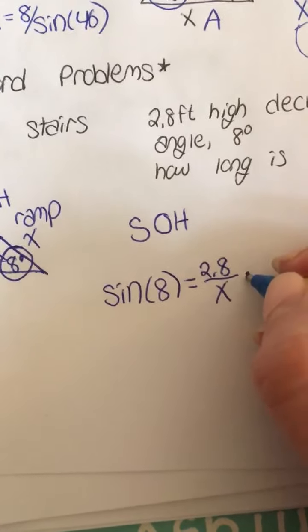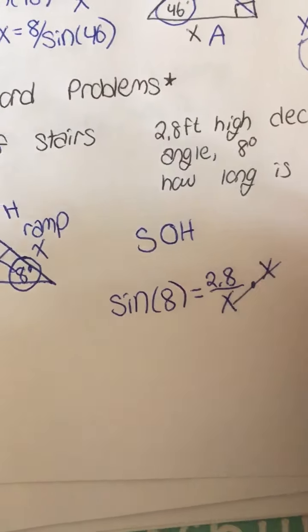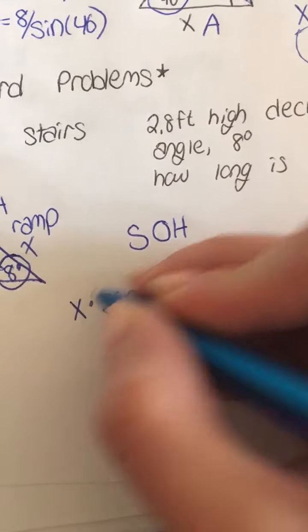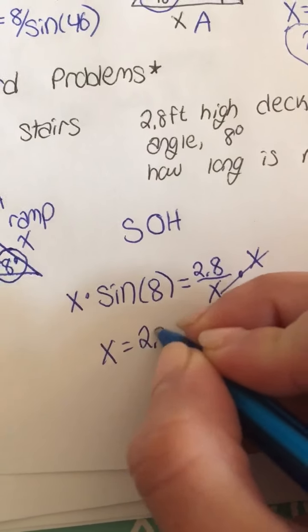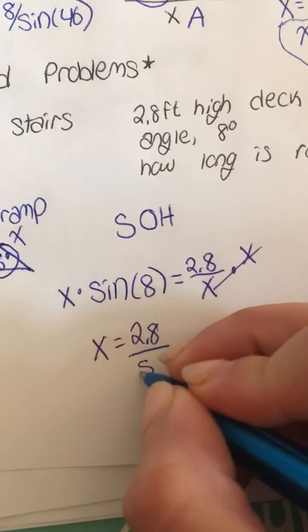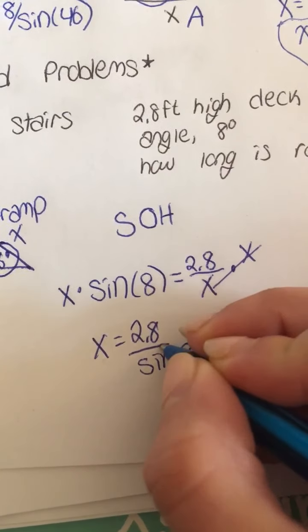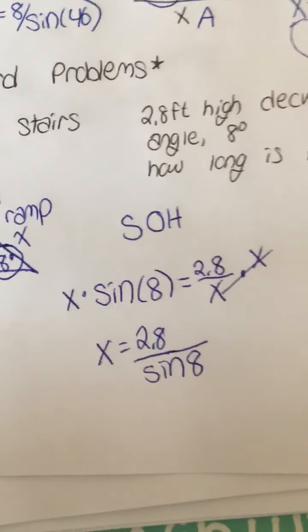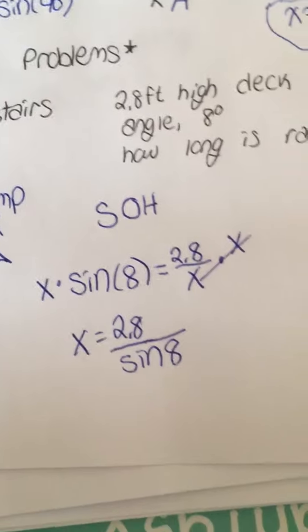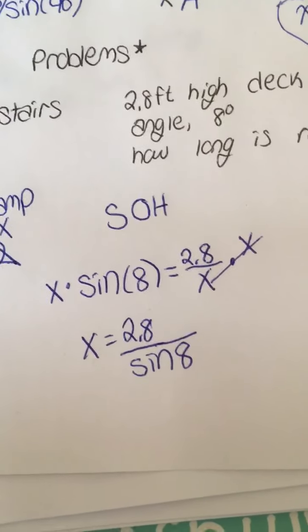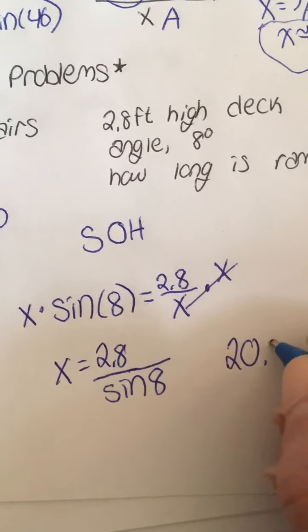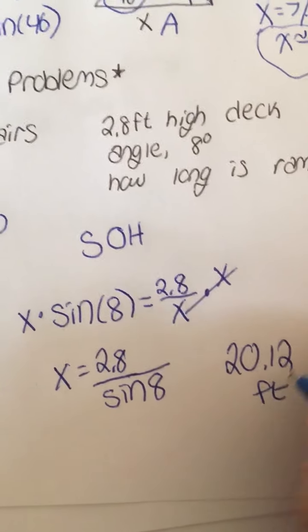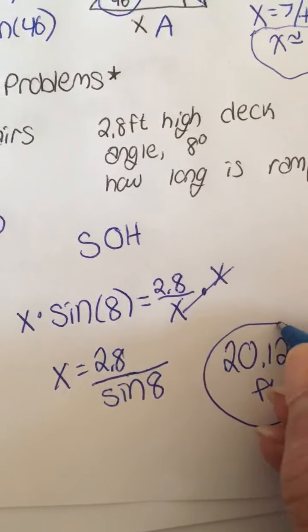So again, always multiply by whatever's in the bottom there, times x, and then to get x by itself, we have to divide by sine of 8. And I'm just doing it on the calculator. 2.8 divided by sine of 8 gives you 20.12 feet. That's how long the ramp would have to be.